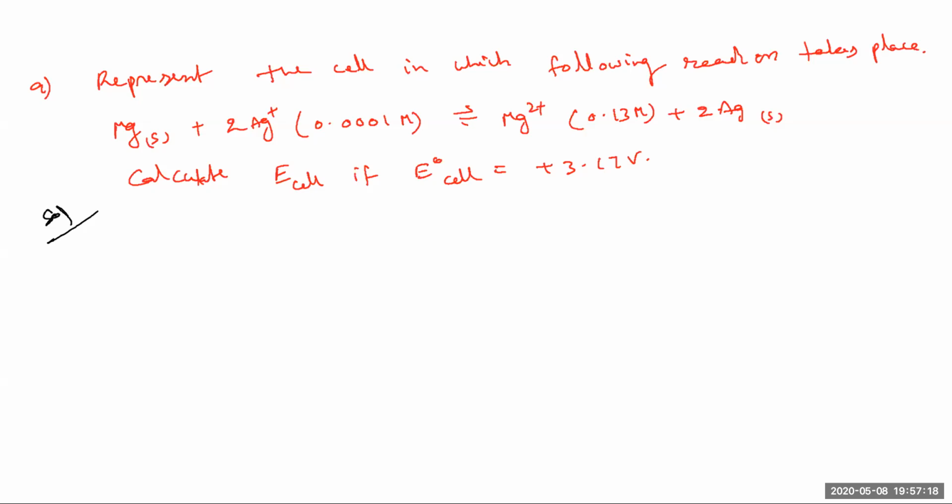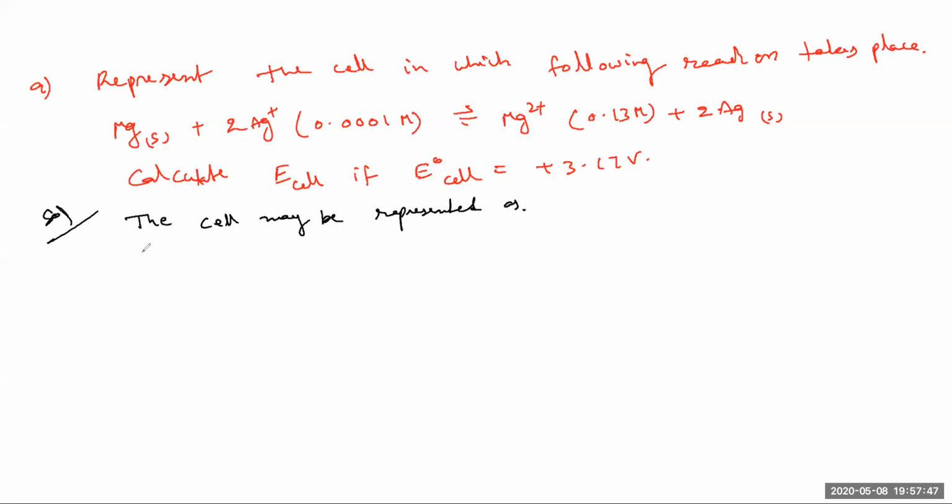Okay, did anybody solve that question? Okay, so take the solution. The cell may be represented as: the magnesium is oxidized, silver is reduced.